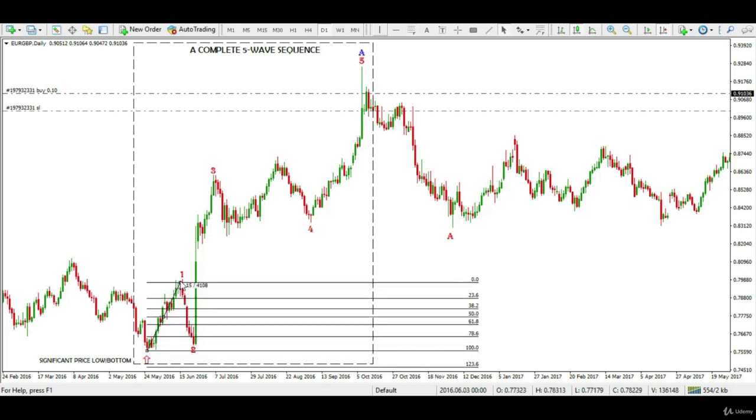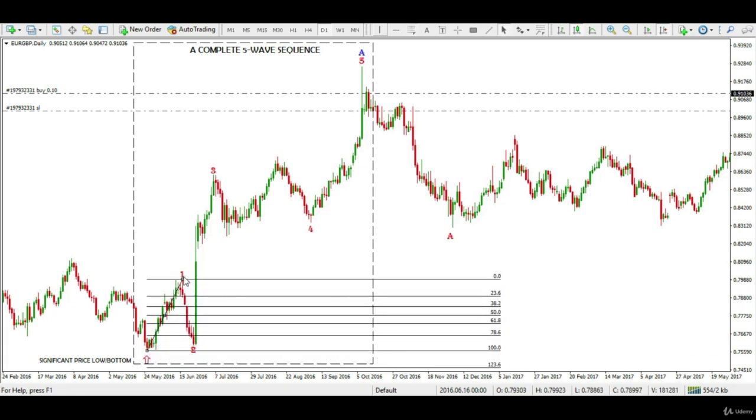Second, we studied that wave 2 can never exceed the starting point of wave 1 as per Elliott wave principle.